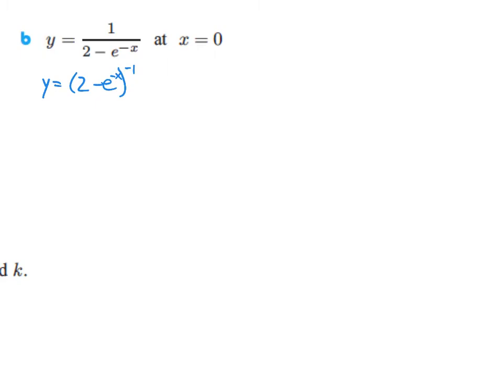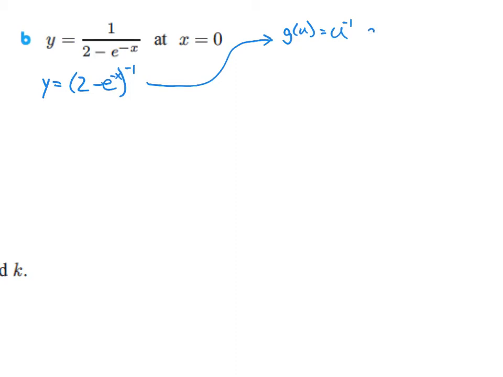Now, what's the outer function here? Something to the negative 1. So we have g of u is u to the negative 1.